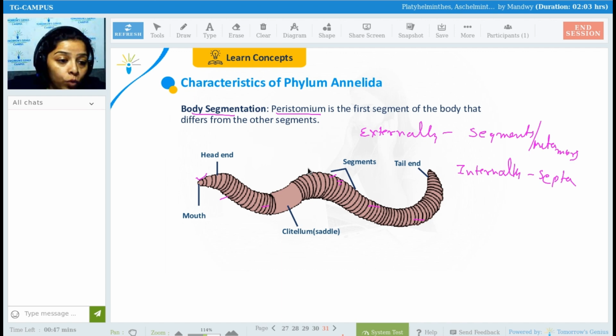This peristomium has an outgrowth, called the prostomium. So this segment has the outgrowth. Clear?